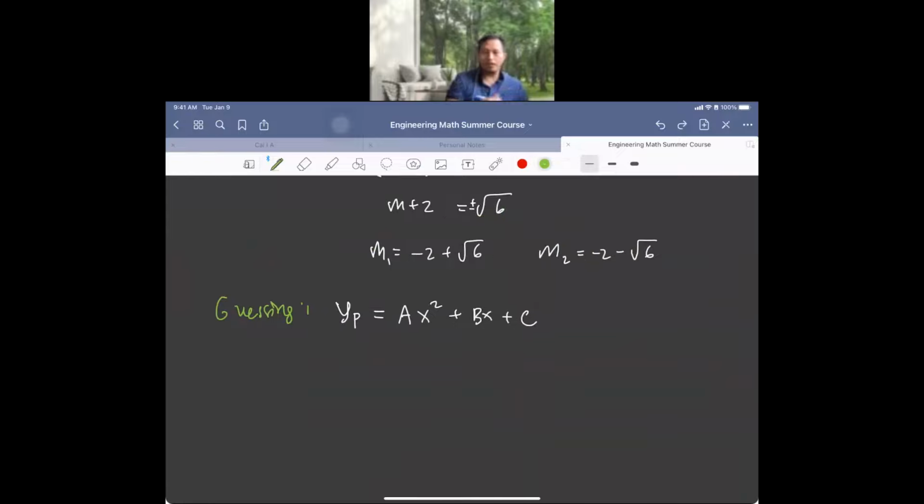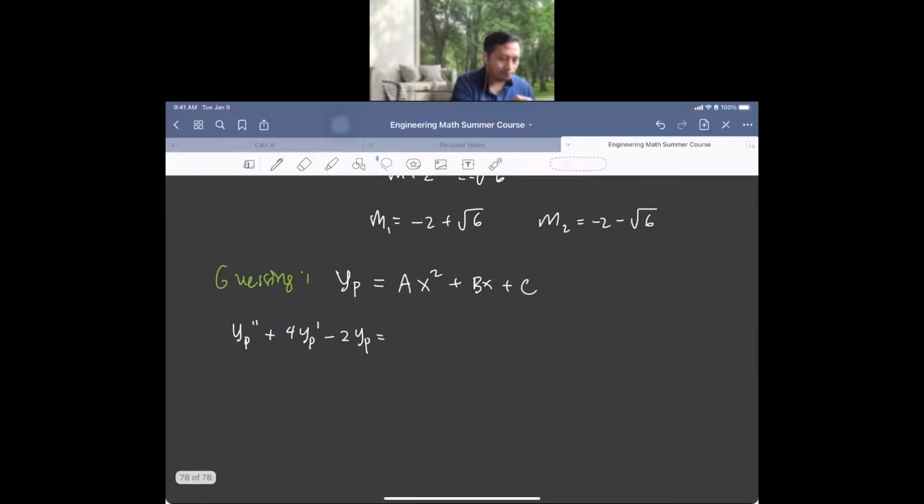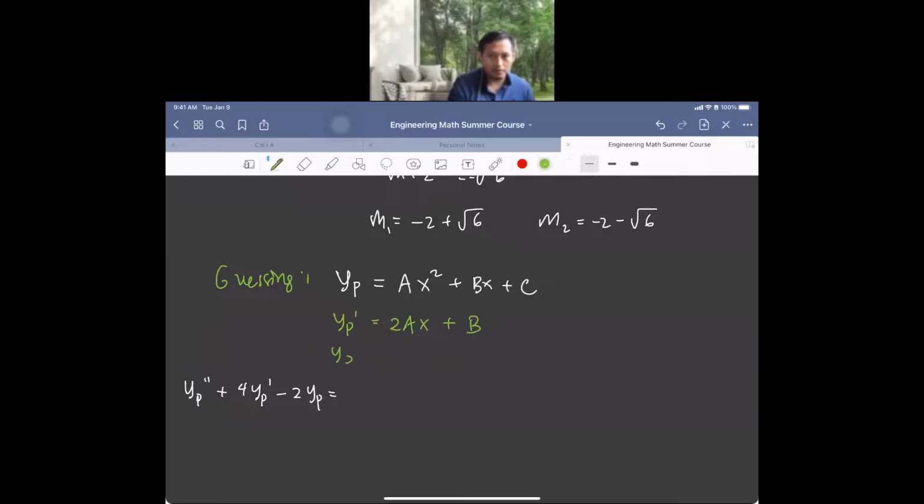So what can we do now? We take the derivatives twice, put them into our equation, and equate both sides. So first, yp double prime plus 4yp prime minus 2yp. With yp equal to ax squared plus bx plus c, the first derivative is 2ax plus b, and the second derivative is 2a.